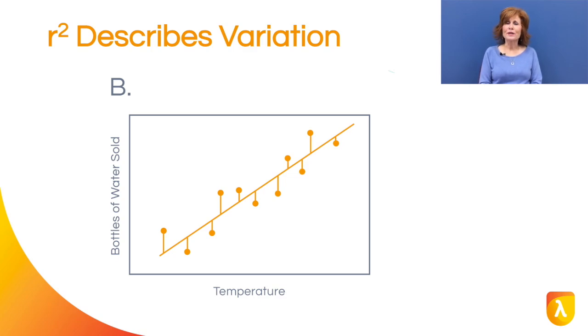The R² of this trend line is 0.850, which means that 85% of the total variation in Y, the number of bottles of water sold, can be attributed to X, the temperature, but that 15% of the total variation in the number of bottles sold is not due to temperature, but to something else.